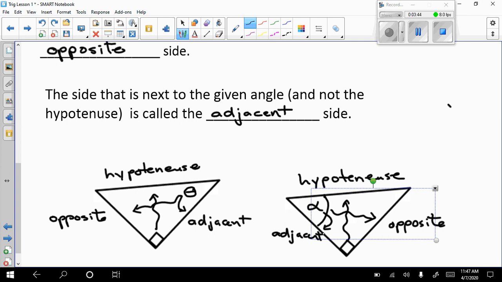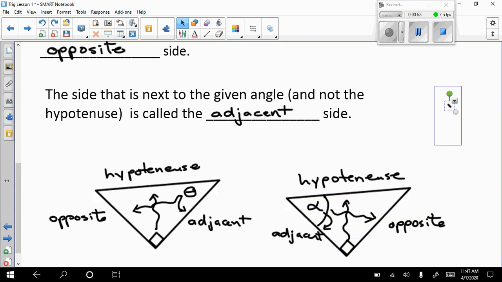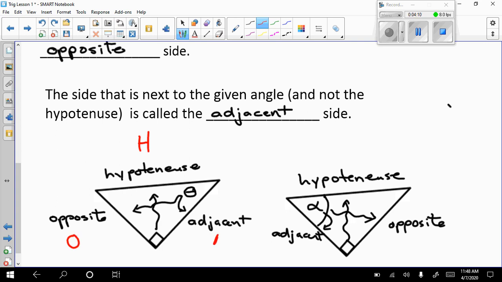So notice that in these two triangles, sometimes we would call this one opposite right here, and sometimes we would call it adjacent. Also know that sometimes we use the capital letter H and the capital letter O and the capital letter A to represent these.